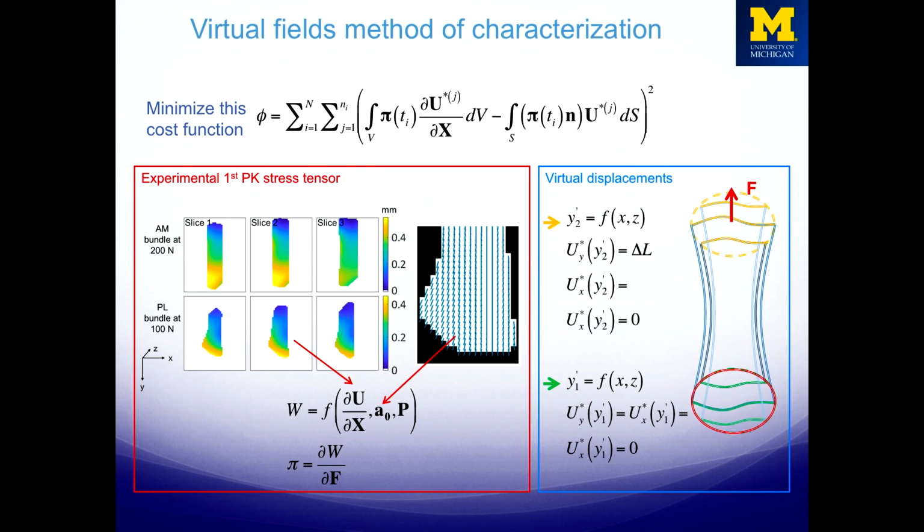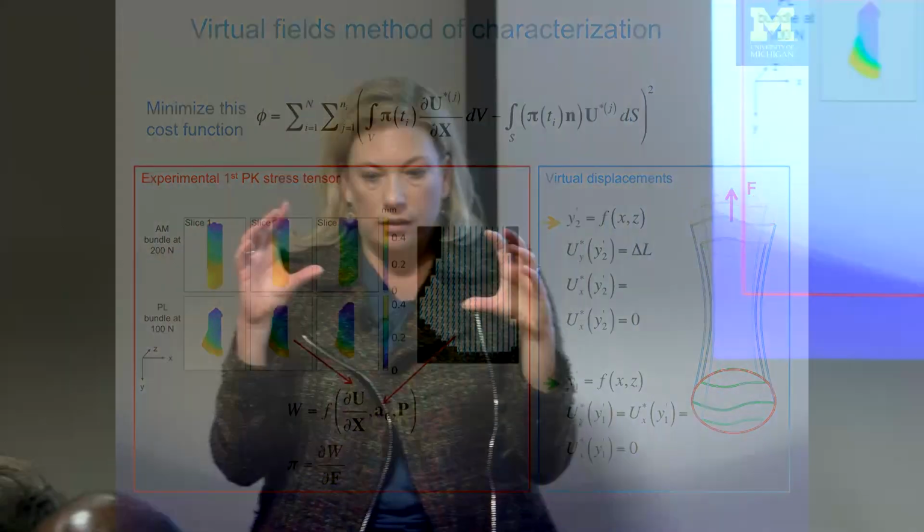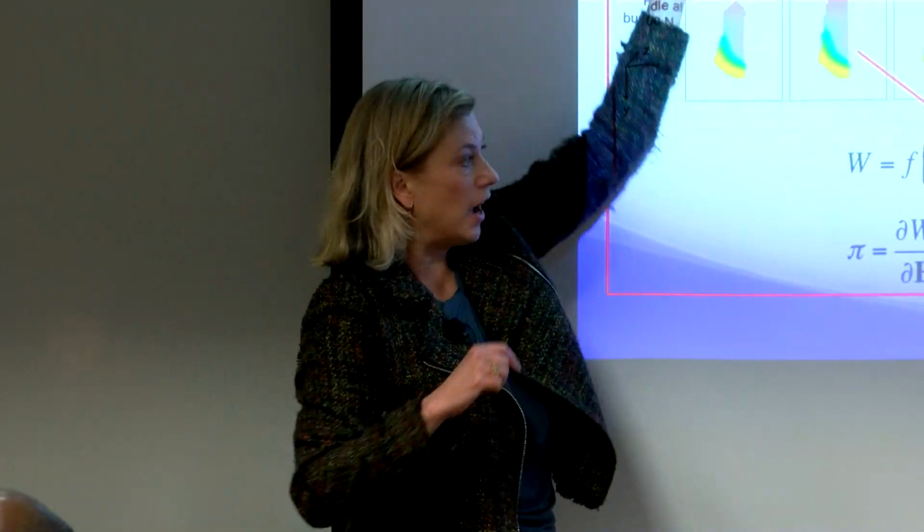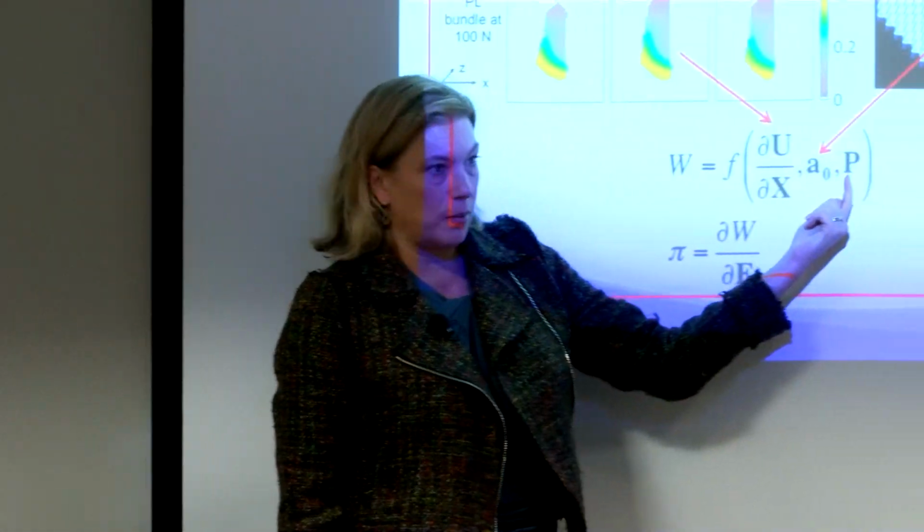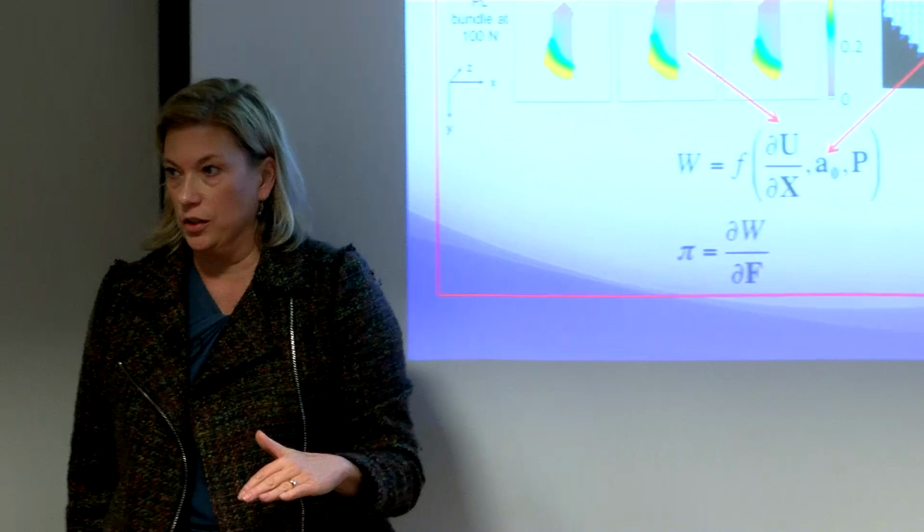Because we're talking about nonlinear tissues, highly nonlinear tissues, we can't solve the virtual work as a series of linear equations. That's why we converted it into a cost function, and we're going to just try to find that set of parameters that minimizes this cost function, okay, numerically.